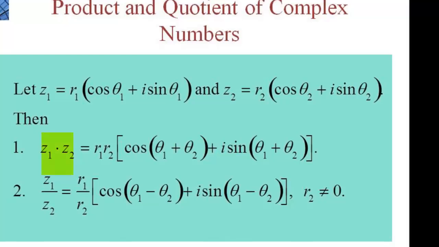So z1 times z2 equals r1 r2 times cosine of theta 1 plus theta 2 plus i sine of theta 1 plus theta 2.